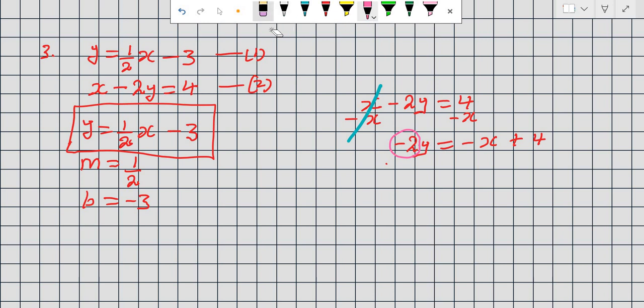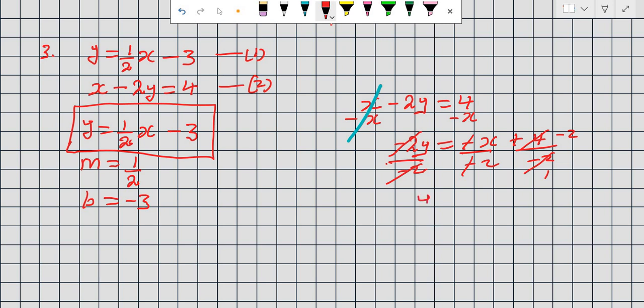So now divide each term by -2. Negative is going to cancel out negative, and -2 divided by -2 is 1, and 4 divided by -2 is -2.